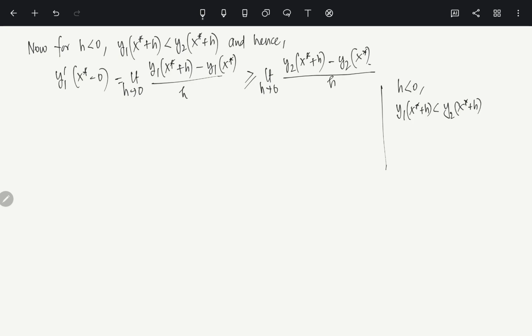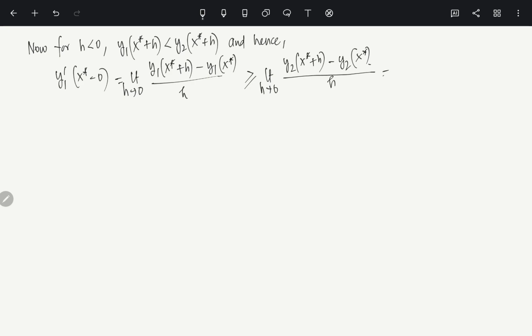And since y1 and y2 are the same at x star, y1 of x star plus h minus y1 of x star is dominated by y2 of x star plus h minus y2 of x star. Then I divide by h, but this h is negative, so the sign changes. That is why this is greater than or equal to. And why equal to? Because I am taking the limit as h tends to 0. The equals sign is there because of the limit.